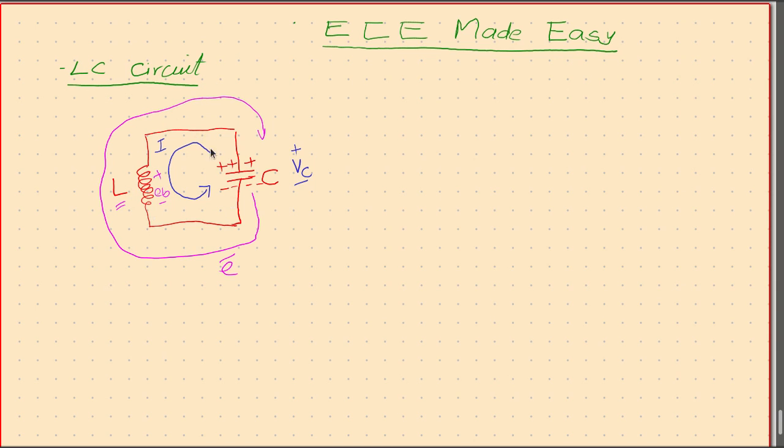So some current was allowed, and that current cannot suddenly change, so it will continue to flow. This current will continue to flow because of the energy in the form of the magnetic field, and that magnetic field will continue to make electrons displace from here to here.